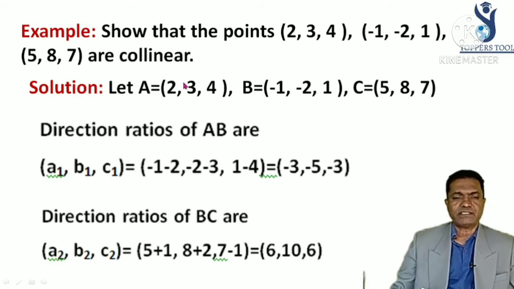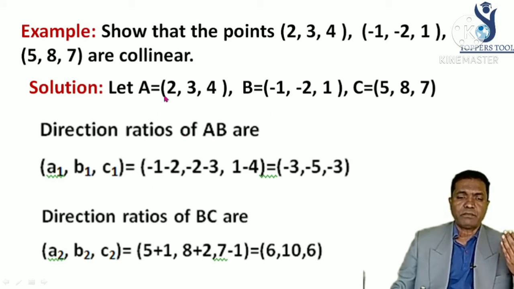collinear. So let's understand. So here are the 3 points, let us call them A, B, C. Find the direction ratios of AB. So direction ratios of AB, I call them A1, B1, C1. Simply you can write x2 minus x1, that is minus 1 minus 2, minus 2 minus 3, and 1 minus 4.